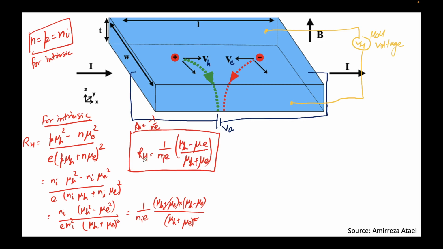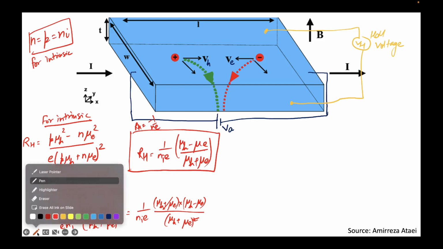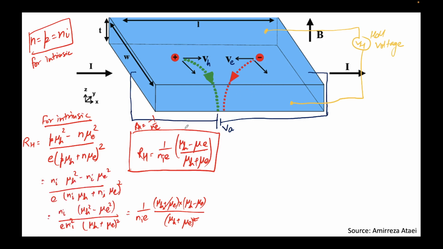So just by measuring the Hall coefficient, we cannot simply get the carrier concentration. We cannot get the value of Ni simply by measuring RH. We also need mu h and mu e, and that's a complex exercise. So this is one thing we learned: in an intrinsic semiconductor, the Hall coefficient does not directly give the carrier concentration. Okay, now let's move forward.